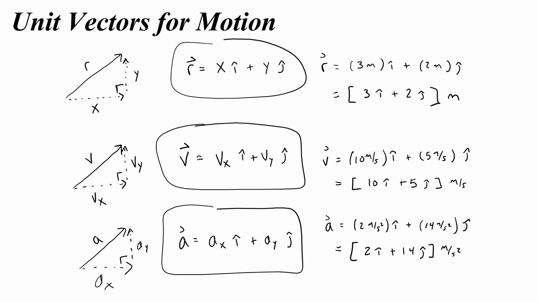Now, because you know the relationship for position, velocity, and acceleration in terms of derivatives, we can also write these vectors another way. So because we know some position vector is xi plus yj, we can say what the velocity is if we know what that x and that y component is, because we know that the derivative of position will give us velocity.